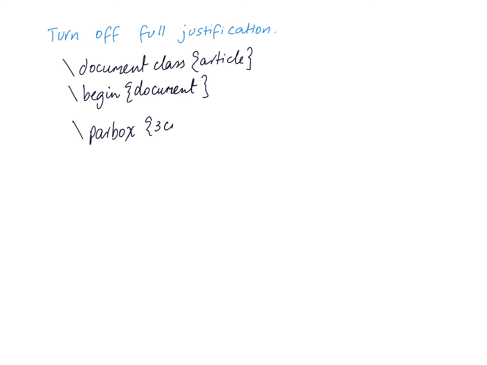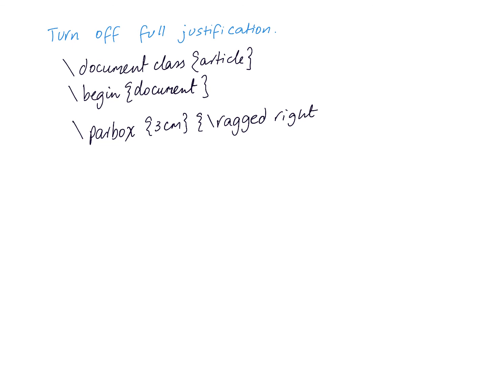Let's write it with 3 cm. Now if you put this command raggedright, what it does is move the text to the left margin. So then you won't have any hyphenation. The word will try to come in its entire form on the left.